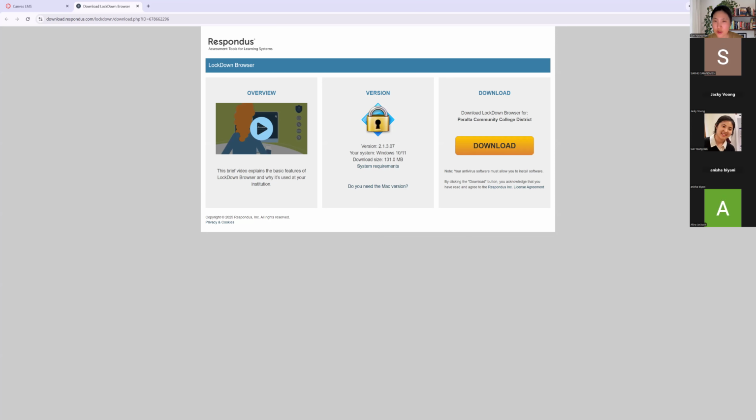I don't know if I can show you that one. It looks like this, Lockdown Browser. The image looks like this. I'm going to share through Zoom.